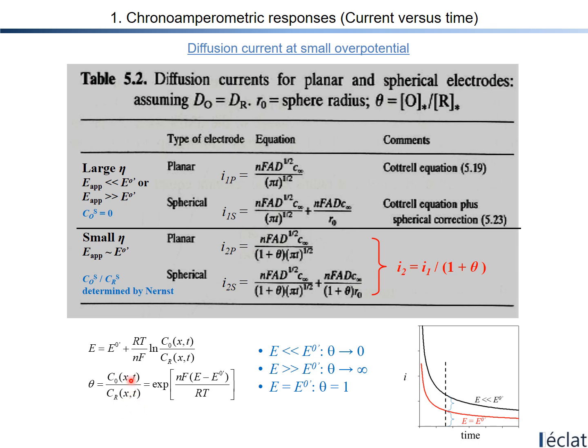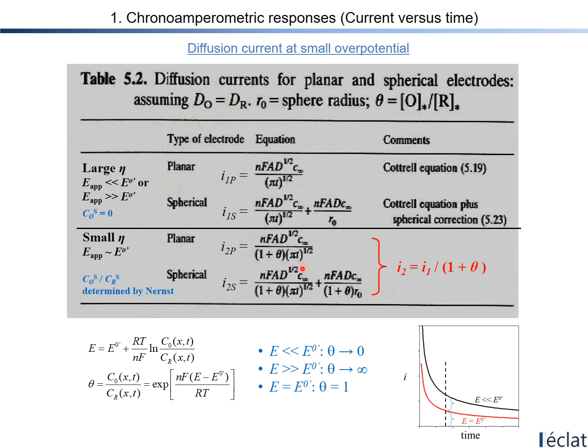So the composition of oxidized species to reduced species is going to 0. Then in that case, the second group of equations is turning back to the first group of equations, which is the case at large overpotential. So I could say the second group equations are a more generalized version of the diffusion current equations.